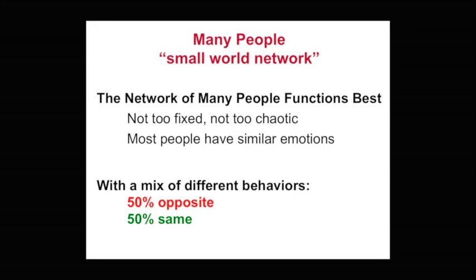And what we found, perhaps surprisingly, is that this network of many people functions best, meaning it's not too fixed in time and not too random or chaotic in time, and most people have a similar range of emotions, when there's actually a very good mix of behaviors, and when people have roughly about half doing the same emotional thing as each other and half the opposite.